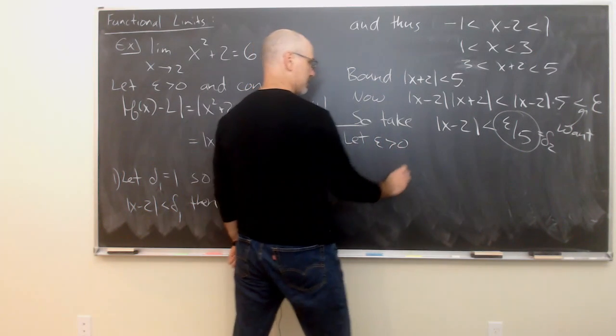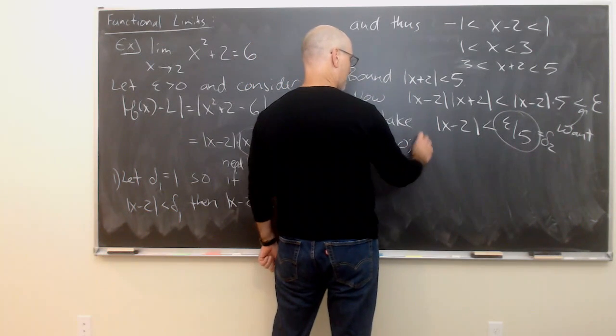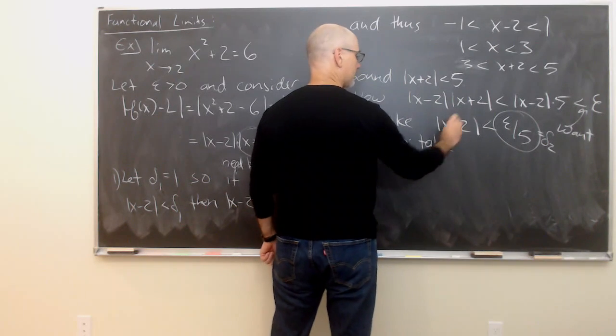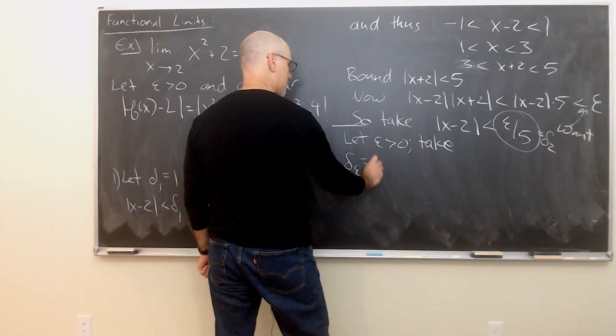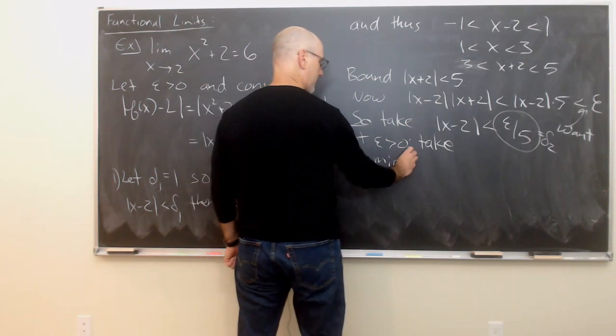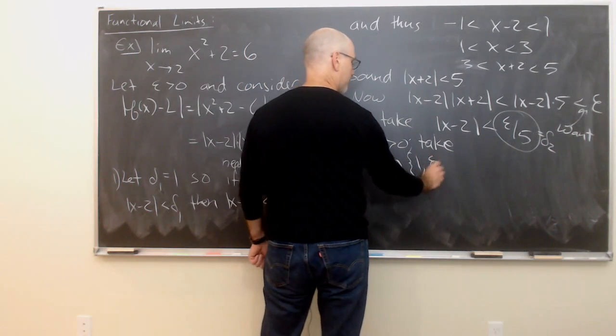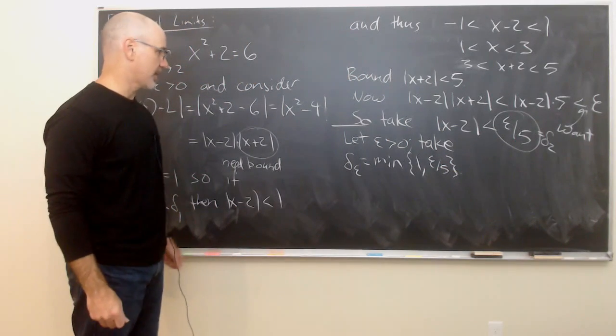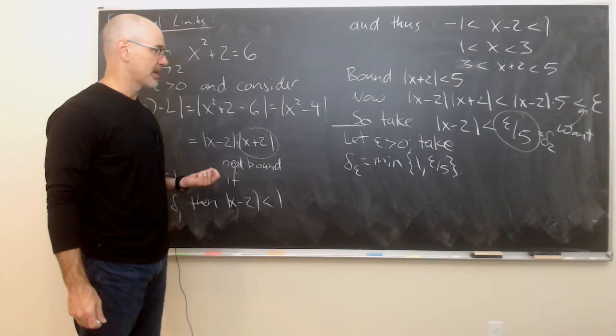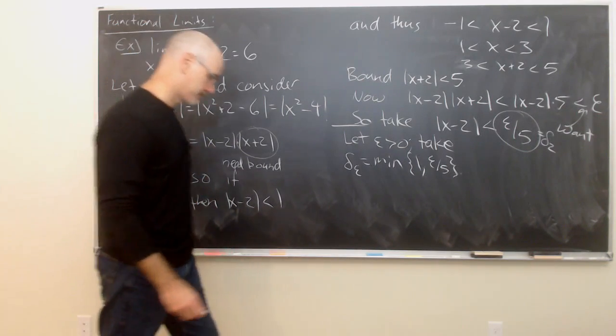All right, so here's the formal proof. Let epsilon be bigger than 0. And let's take my delta sub epsilon equal to the smaller of the two that I ran into along the way. And that makes all of my inequalities happen at the same time.